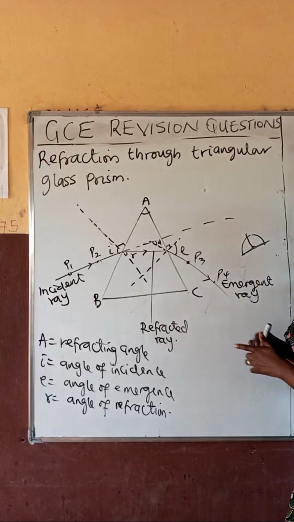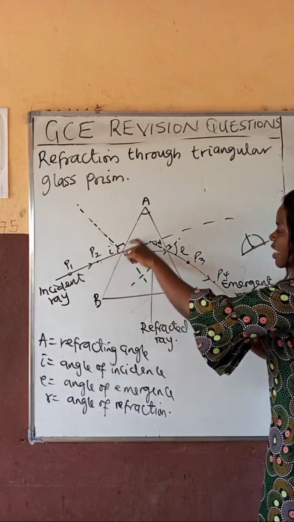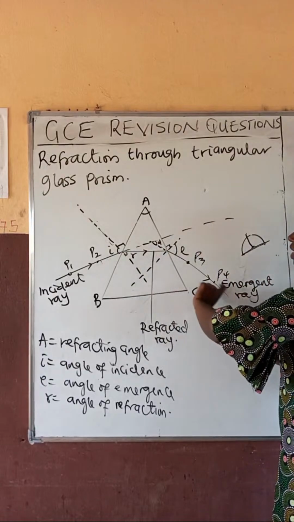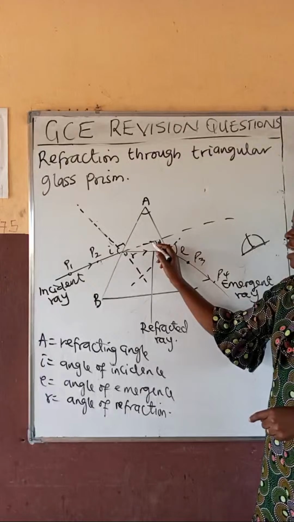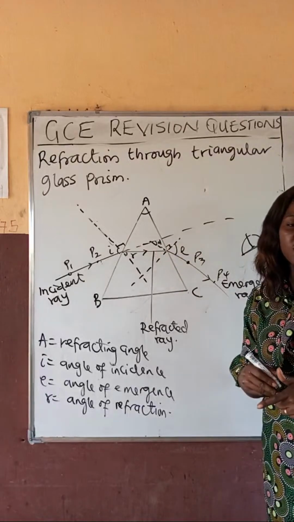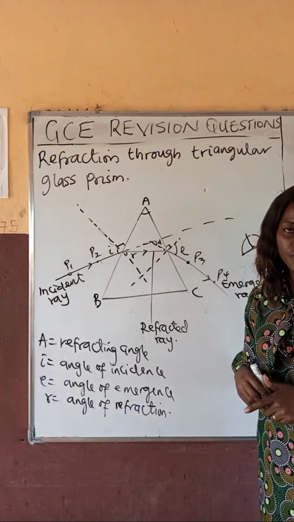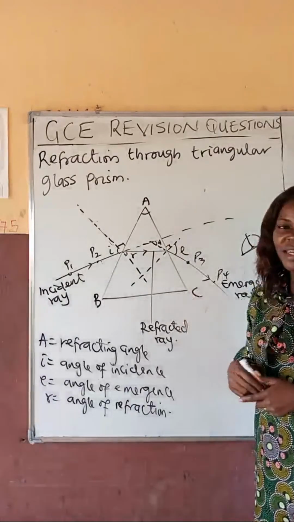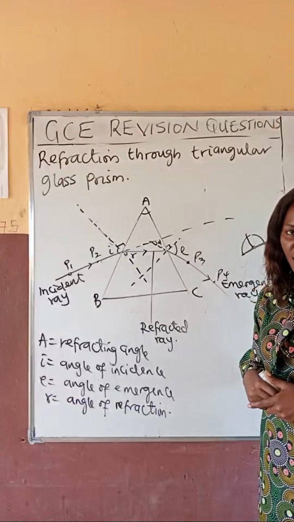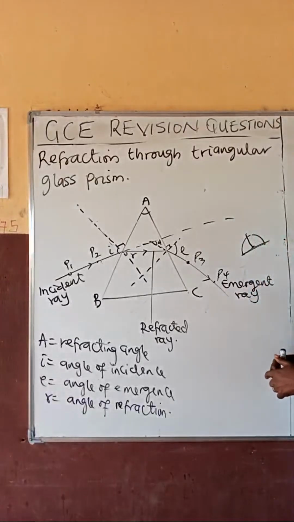Now, if we extend this incident ray inside and extend the emergent ray, they are going to meet or intersect at a point here. That is what is said to be the angle of deviation. If you are asked to calculate the angle of deviation, this is how you can get it. Is that clear?